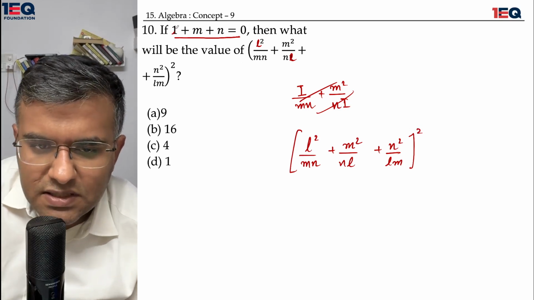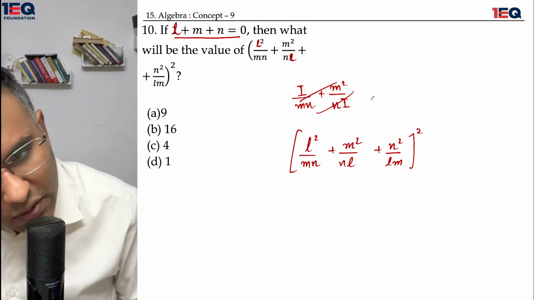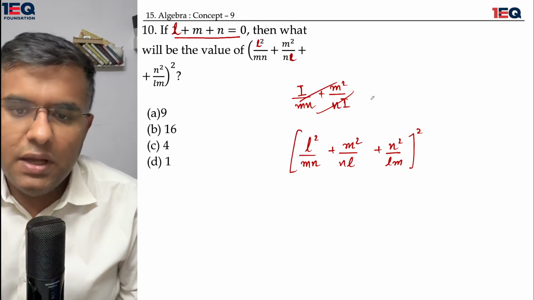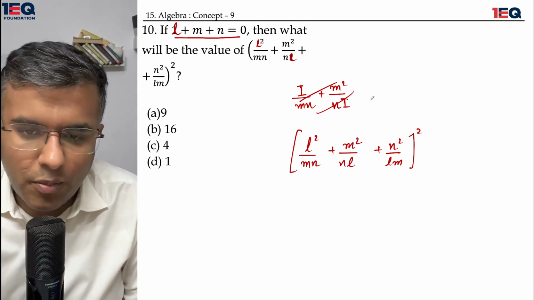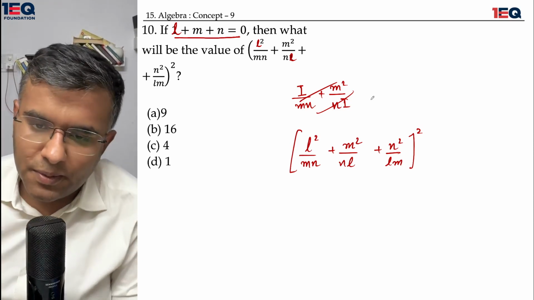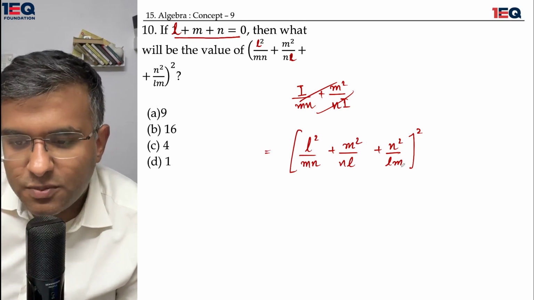The question says if l plus m plus n is equal to 0, then what will be the value of this expression, with l square, m square and n square in the numerators and their respective opposites in the denominators. So to solve this, let me first put things into perspective.